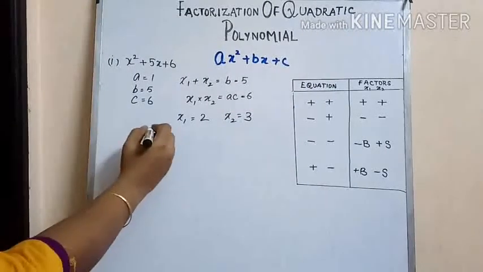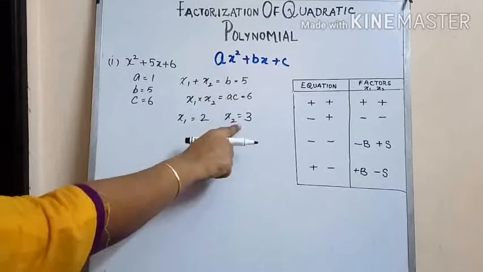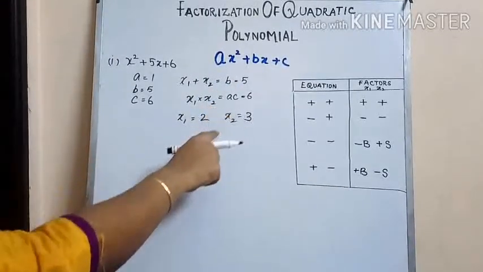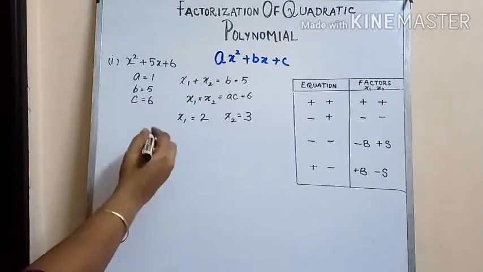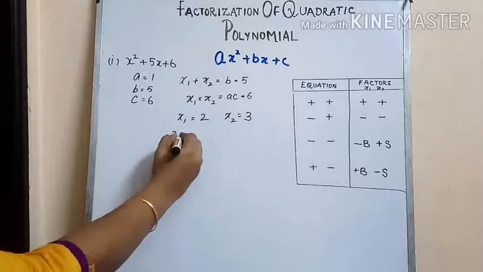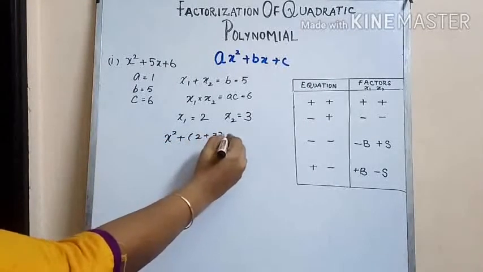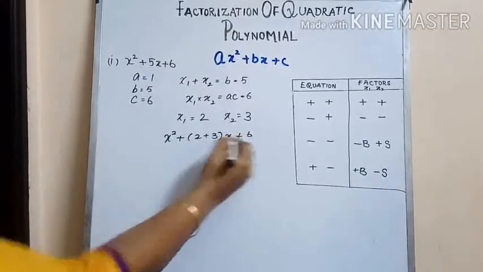Yes, now both the conditions are satisfied. x1 plus x2 is equal to 5 and x1 into x2 is 6. So now the equation can be written with the middle term split, which is 5x.